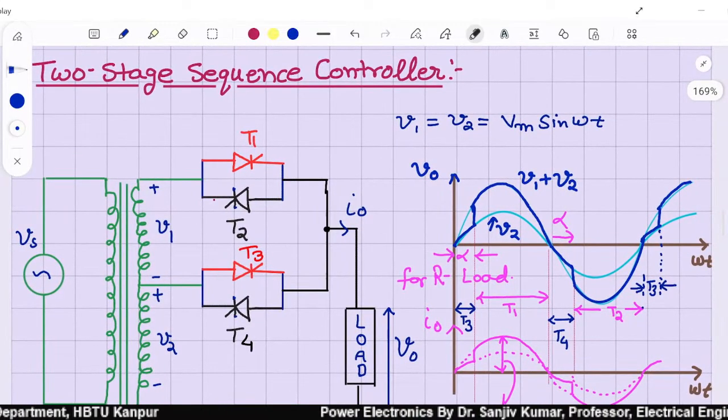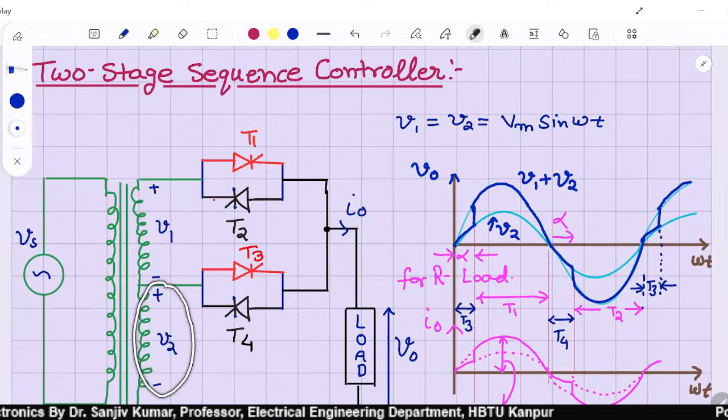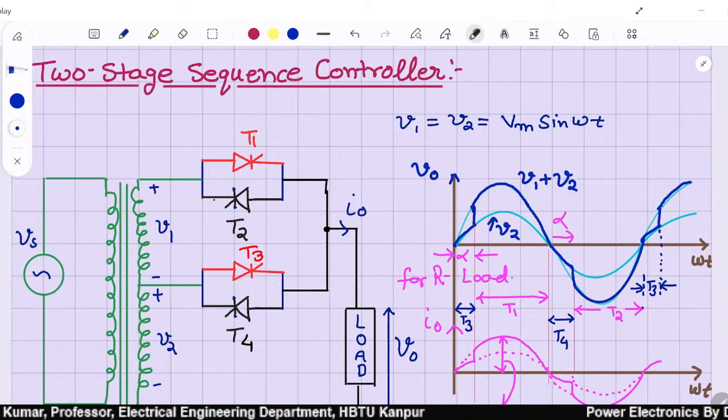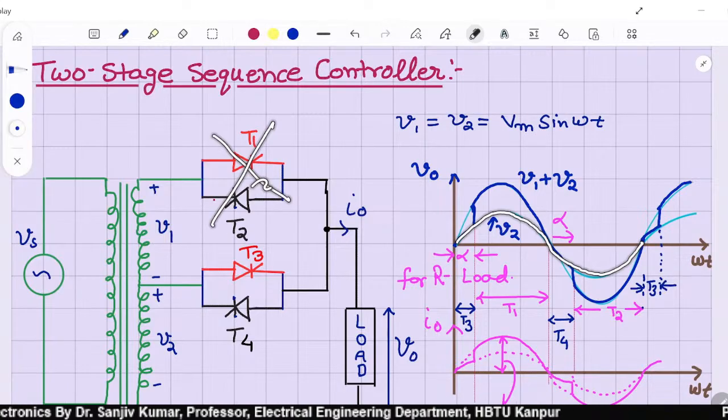Now, it's absolutely fine. If we wish to control it for only voltage up to Vm sine omega t, then we will simply control for this voltage, and no trigger pulse is given to T1 and T2.